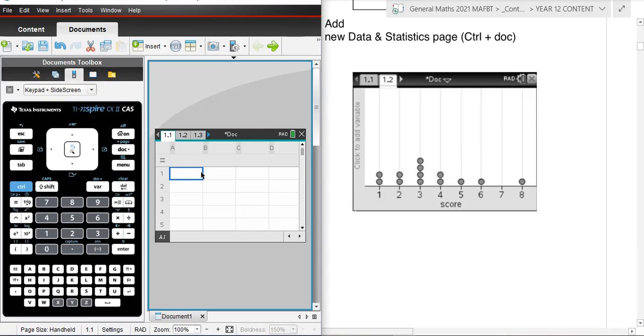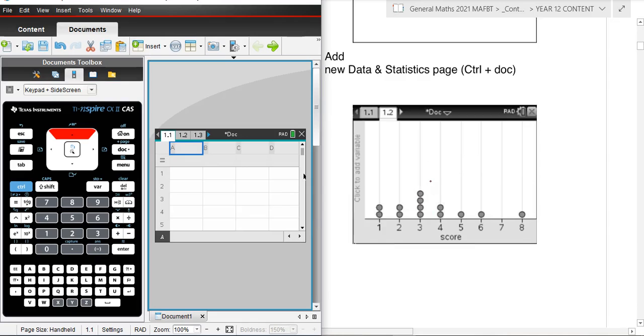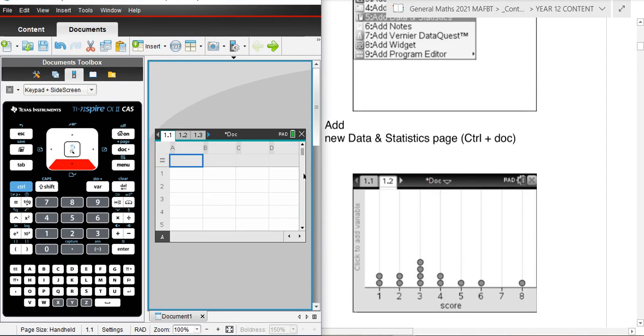All right, so let's put some data in. I'll put in the name, score. You can call it whatever you want, but let's just put our data into this: 1, 1, 2, 2, 3, 3, 3, 3, 4, 4, 5, 6, and then an 8. There's my data.